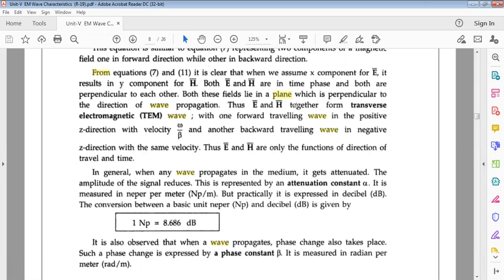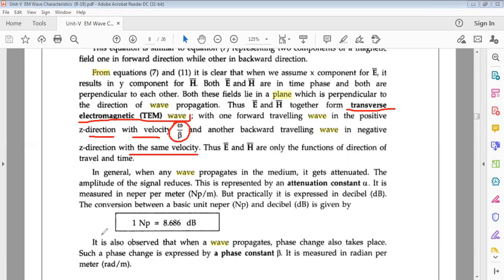Thus, E bar and H bar together form a TEM, transverse electromagnetic wave, with one forward traveling wave in the positive Z direction with velocity ω/β, and another backward traveling wave in the negative Z direction with the same velocity.